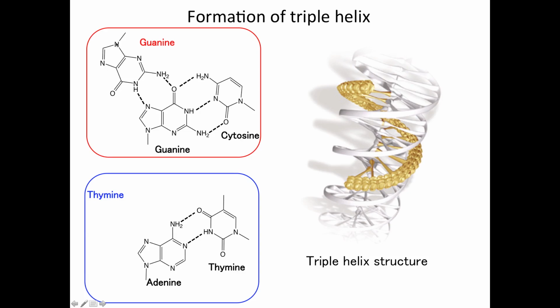It means that this third strand can bind to the double-strand DNA. By almost the same manner, thymine binds to adenine in the major groove of double-strand DNA. This is how the triple helix is made from double-strand DNA plus single-strand DNA.